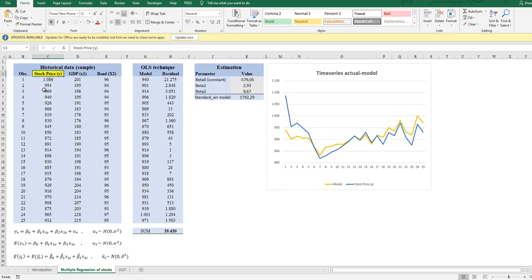Let's call it Y, which is what textbooks normally do when they label the endogenous variable in a regression model, also called the left-hand side variable. Here we have x1 and x2, the two explanatory variables in the model.